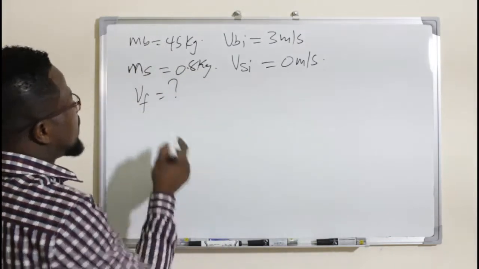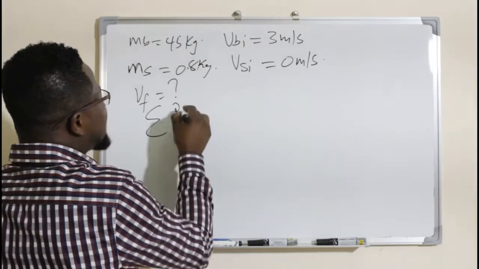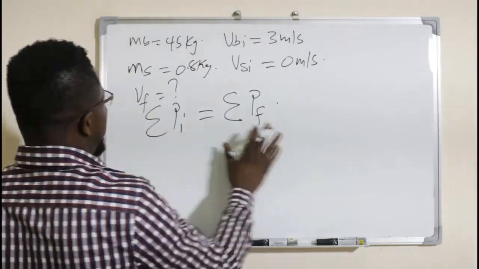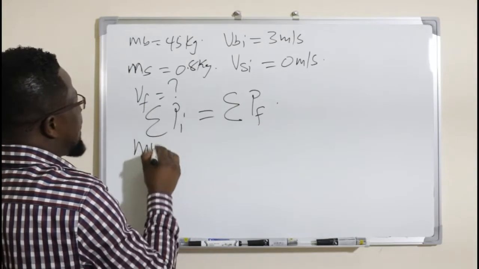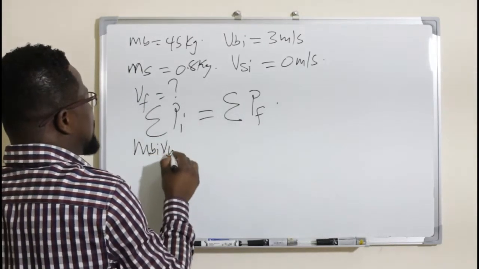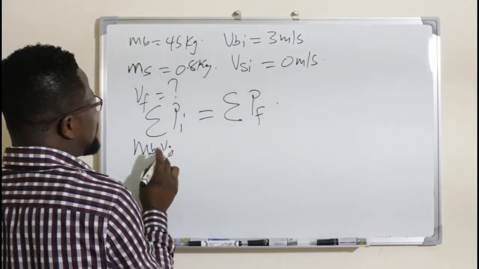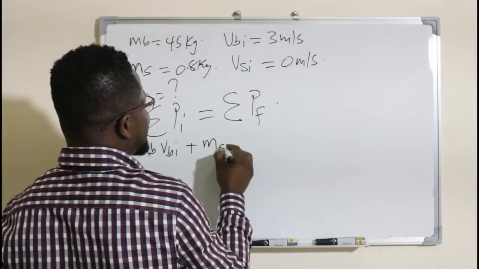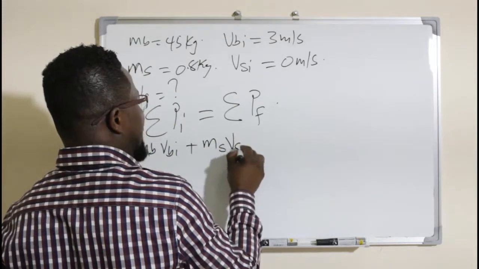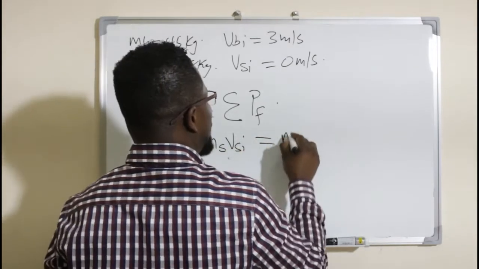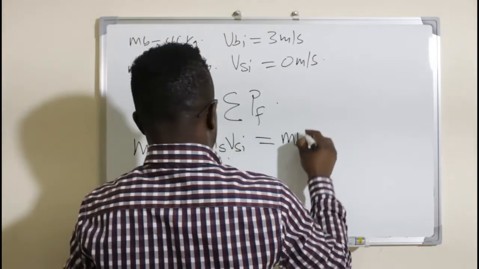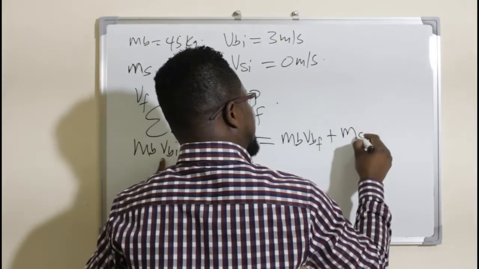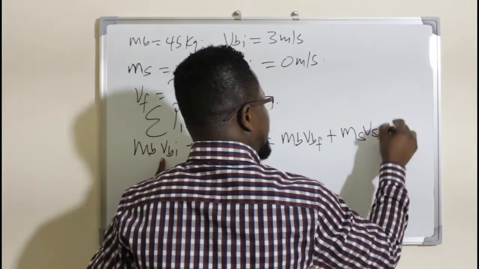The law of conservation of momentum says the initial momentum is equal to the final momentum. So we can simply say that MB multiplied by VBI plus MS multiplied by VSI must be equal to MB VBF plus MS VSF.